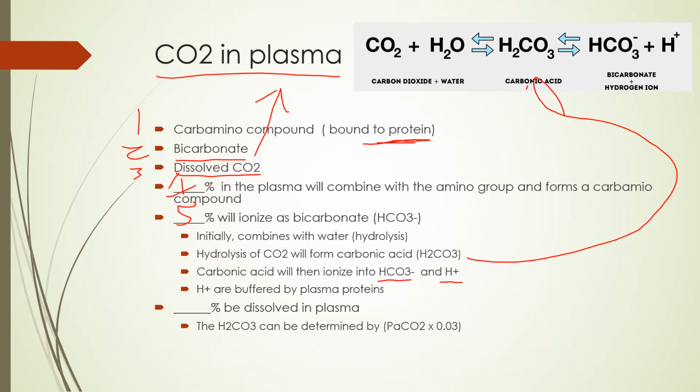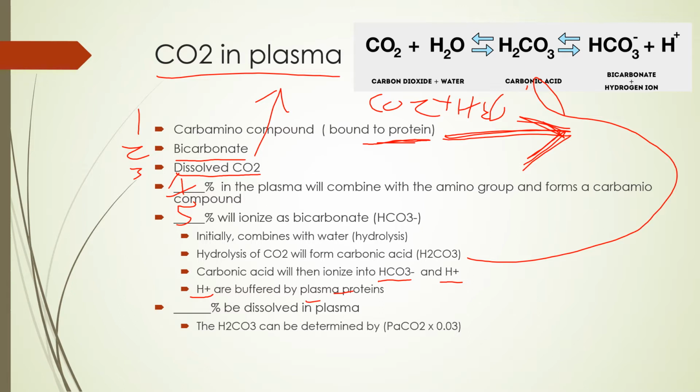And so when we're looking at this, we're seeing this situation here. We have CO2, and then we're going to add water to it. Right? So we're following this whole equation this way. So once we have hydrolysis, once we do that, it forms carbonic acid, and then carbonic acid will further dissociate into bicarb and hydrogen ions. So once again, we're going this way on the carbonic acid equation. So once we have that happen, those extra hydrogen ions that are in the bloodstream are then buffered by usually proteins in the plasma.